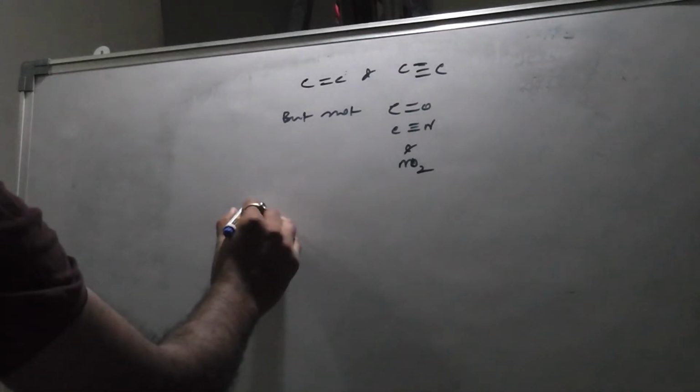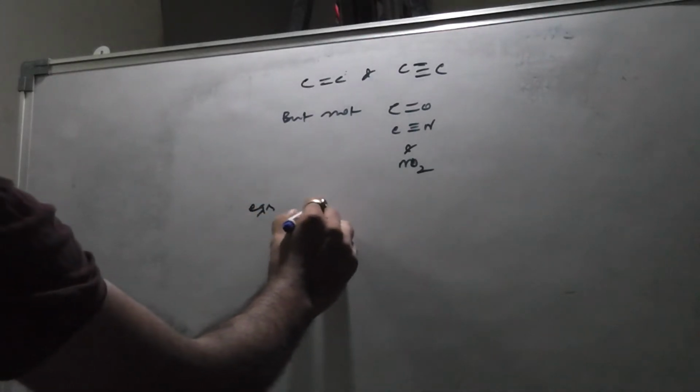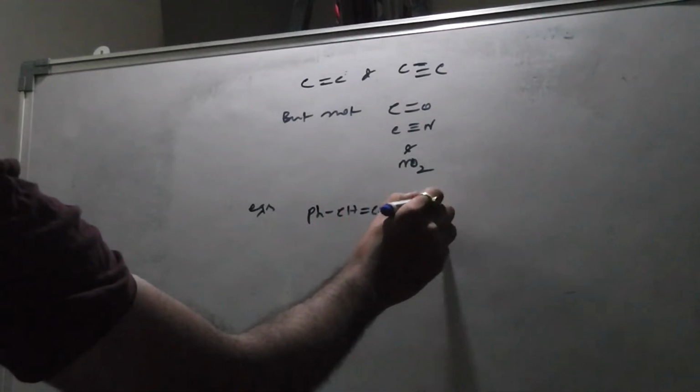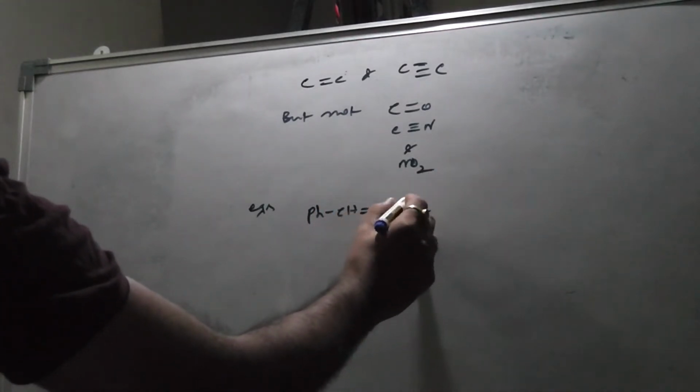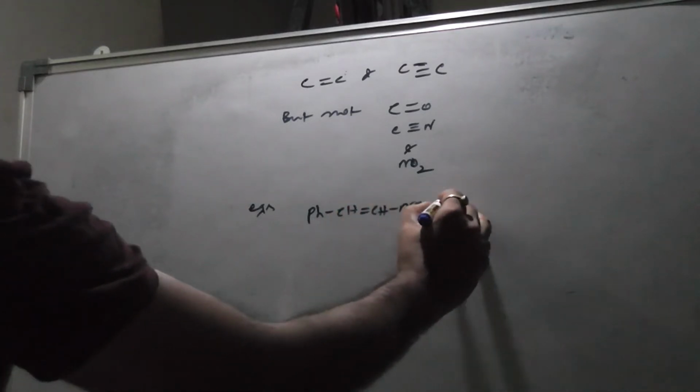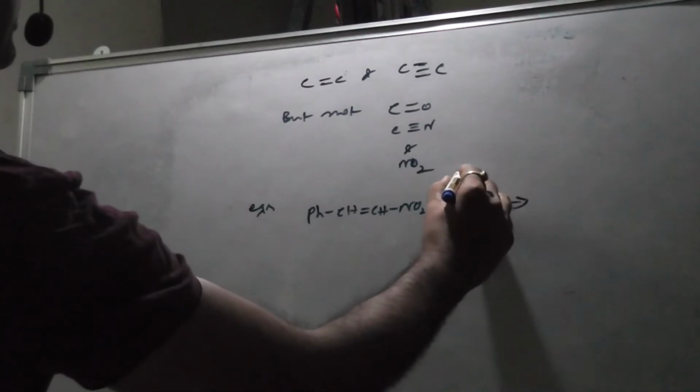For example, if an NO2 group is present, the NO2 will not be reduced, it will be untouched, but this particular C=C will be reduced by the catalyst.